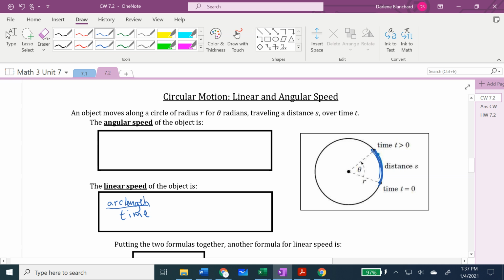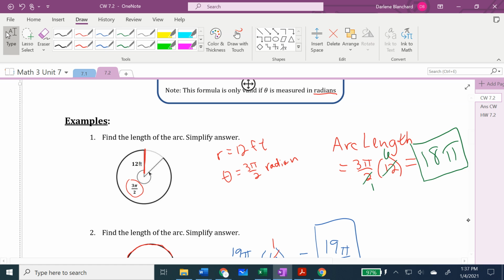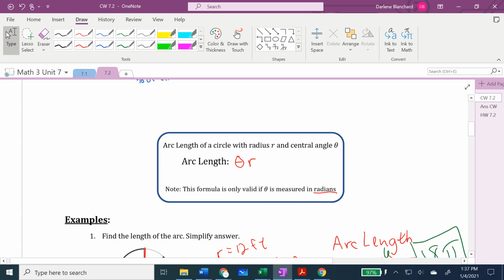And the arc length, what is the arc length? What did we just find out was arc length? What formula is arc length? Okay, it doesn't want to move right now. There we go. Yes.